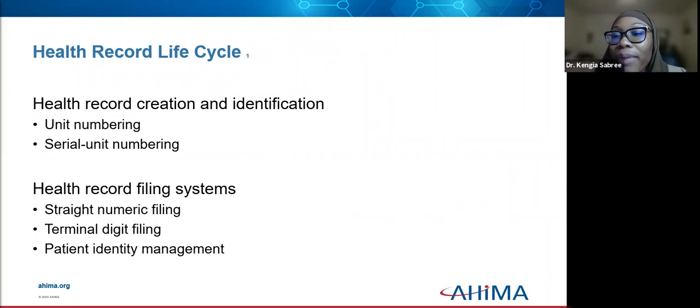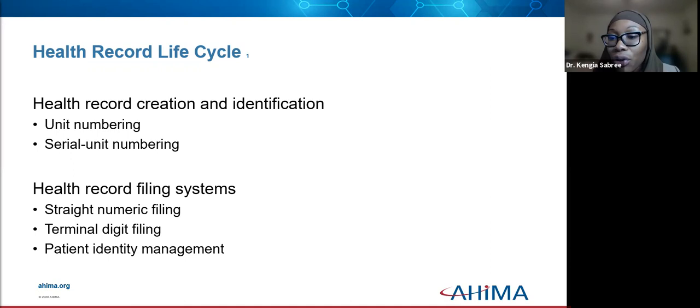Health record organizations need policies covering the distribution and storage of health records to ensure that the records can be located quickly when they're needed for patient care and other uses. The quality of patient care, as well as the image and reputation of the HIM department, may depend on the speed with which patient health information can be retrieved.